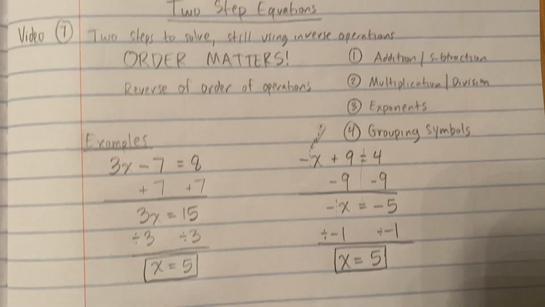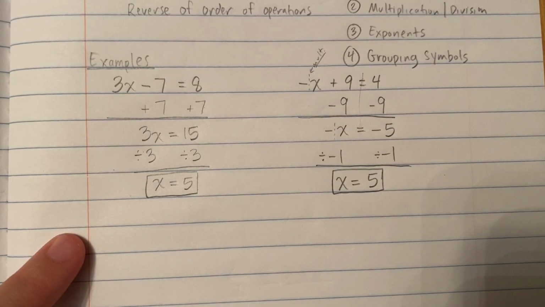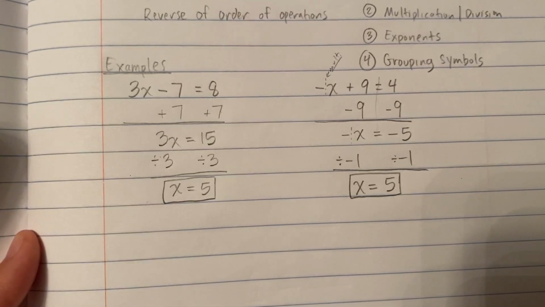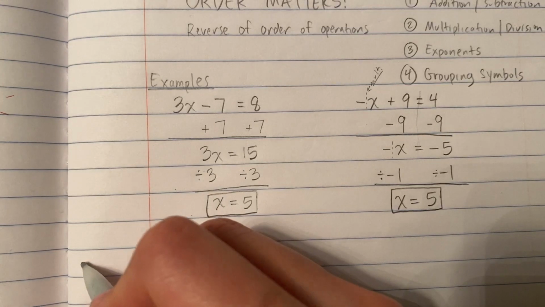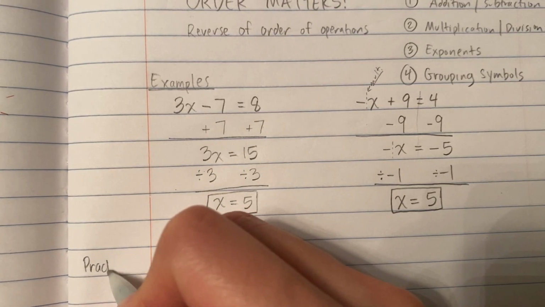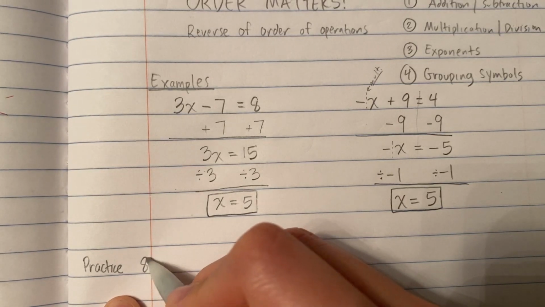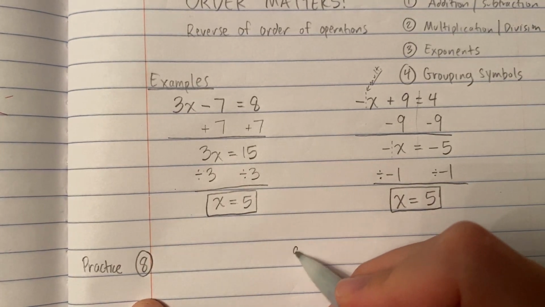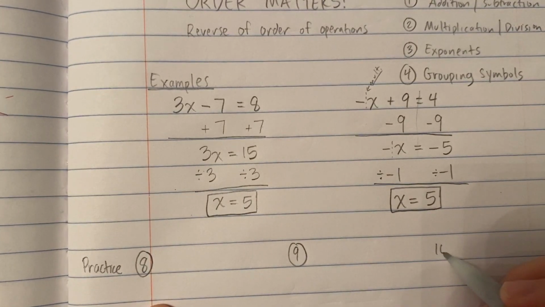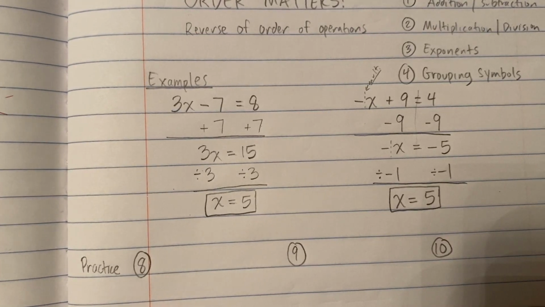Okay, now you're going to set up. Here's what you're going to do, watch. You can skip a line just to make it neat. You're going to write practice, okay, because you're about to do practice problems. You're going to do 3 practice problems right now. You're going to do number 8, number 9, and number 10 right now. Okay, you'll do them here.